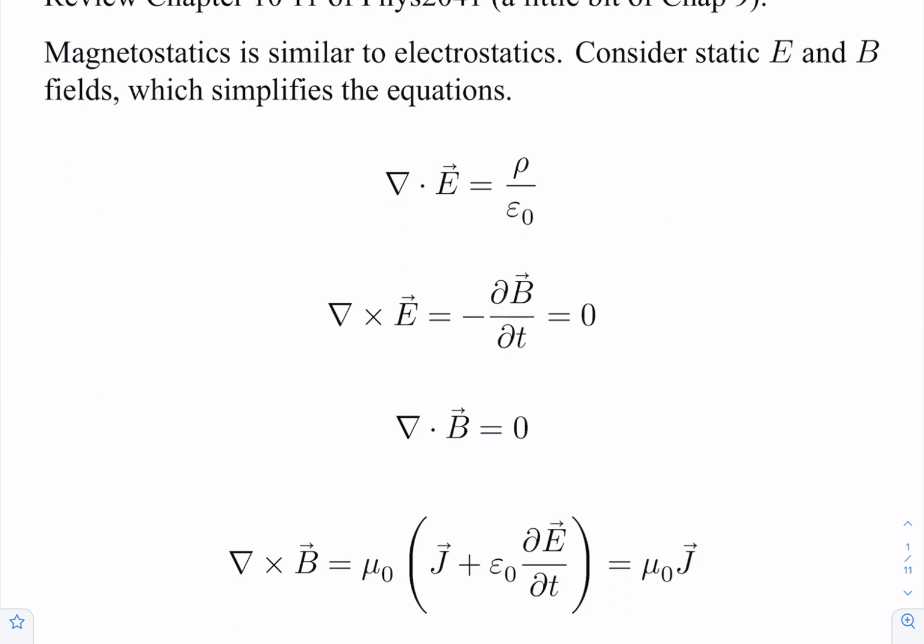Both of these equations share a divergence equal to 0. Now in the electrostatic problem, we have the source term rho over epsilon naught, and in the magnetostatic problem, we have mu naught times J. This J is a current and is also a source in this problem.